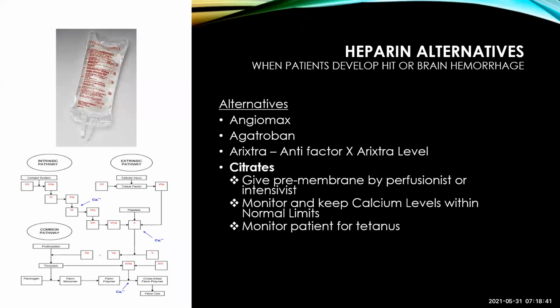So just remember it like that. Citrate will be given pre-membrane by the perfusionist or the intensivist, and it's going to be like an infusion through an infusion pump, and you can read all about that.